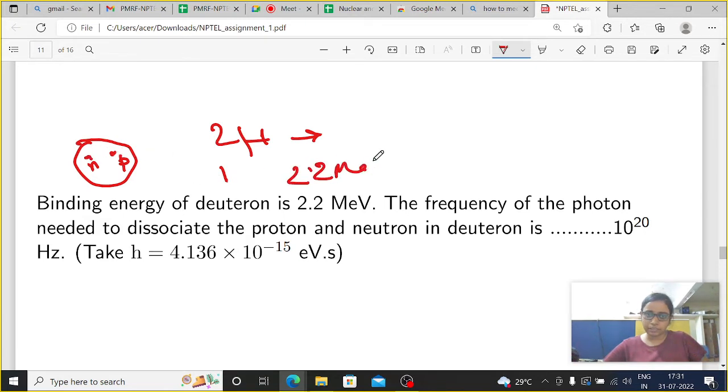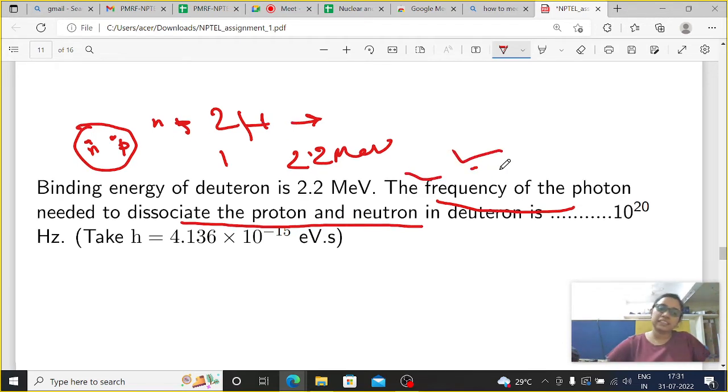It is given already in that question. So we have to calculate what will be the frequency of the photon needed to dissociate the proton and neutron in the deuteron.